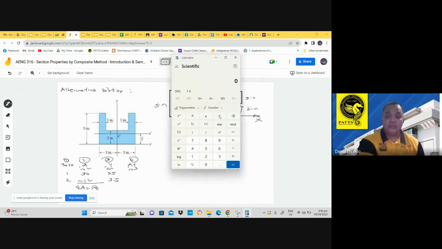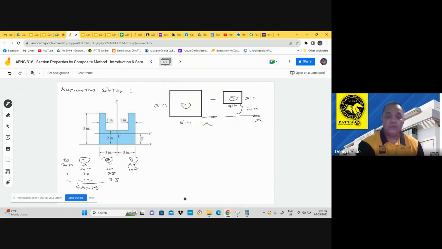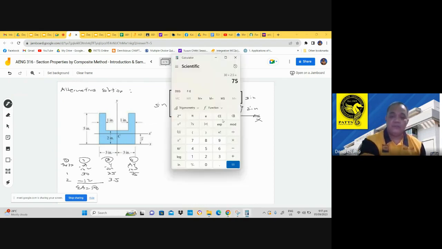But let's just check that here. 30 times 2.5, that is 75. Sorry, it should be 75. So this is 75. Next one, we have negative 12 times 3.5. So negative means to say we will have negative 42.